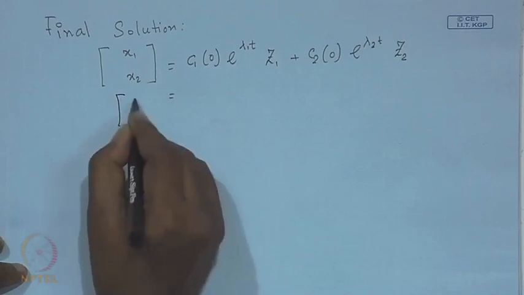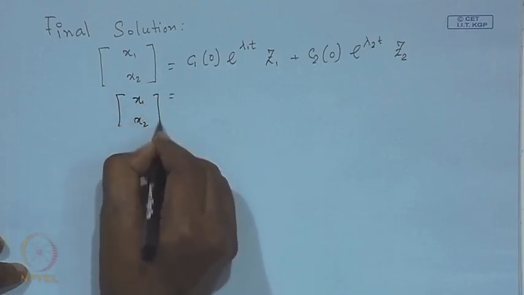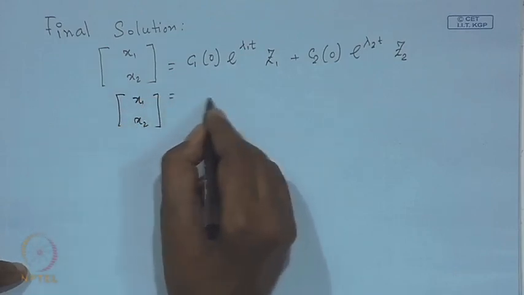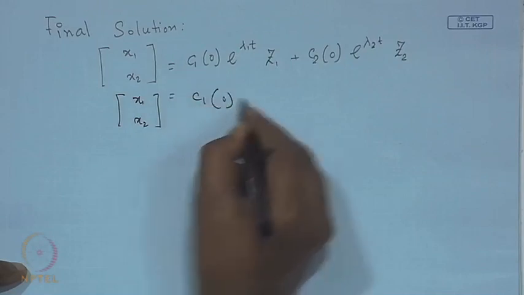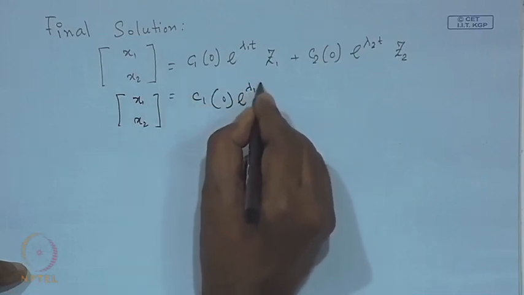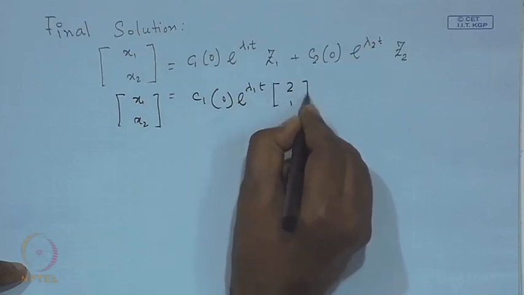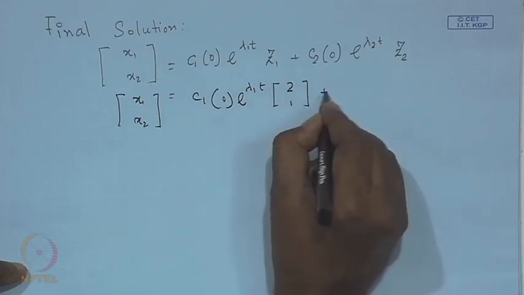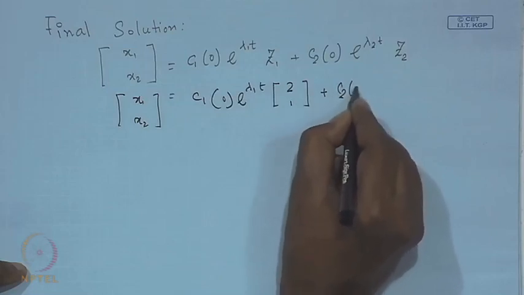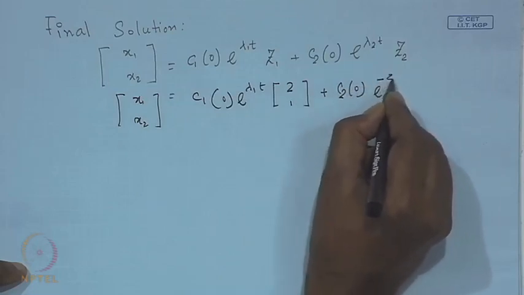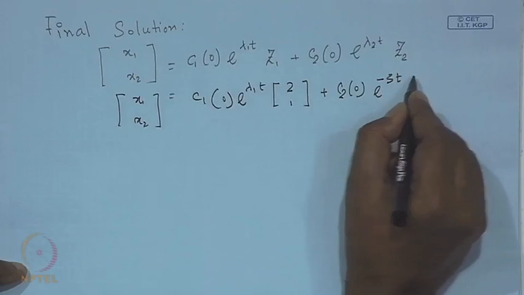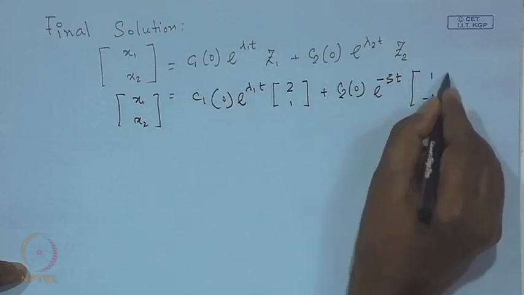So this becomes x1, x2 is equal to C10 e to the power lambda 1 t, and z1 was the vector of 2 and 1, plus C20 e to the power minus 3 t, and z2 was 1 minus 1.